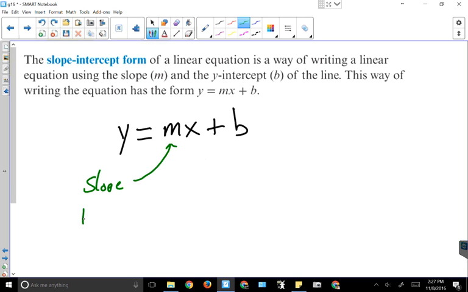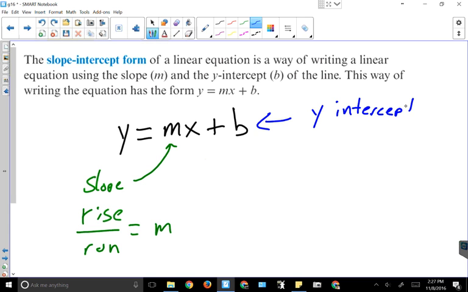Okay? You know, rise over run. So once we do that, we can always use that to figure out what m is. If we know what our rise over run is, that's always going to be m. Now the next thing we got here is this b. That's the y-intercept. And for those of you that want a translation for it, that's what this means.